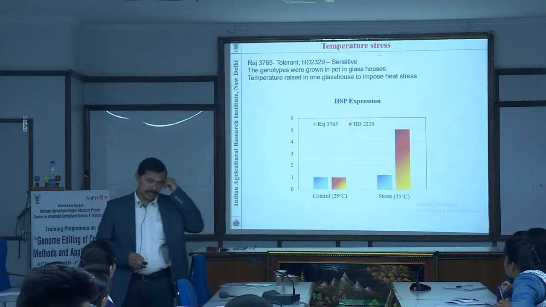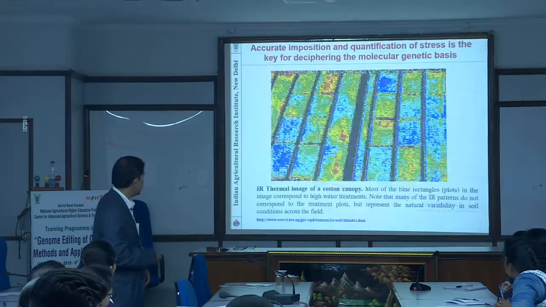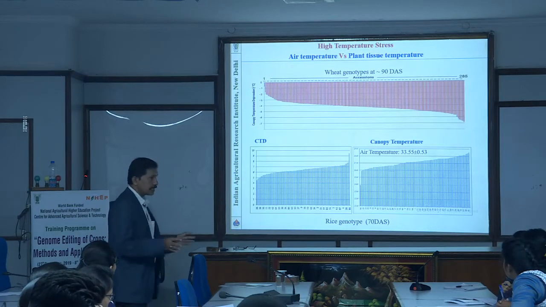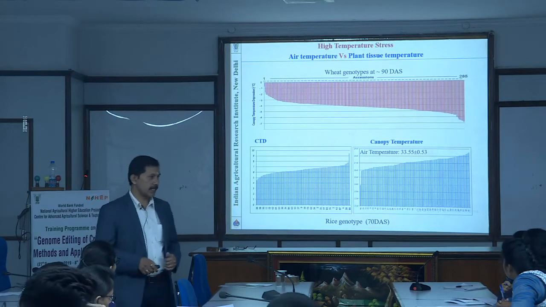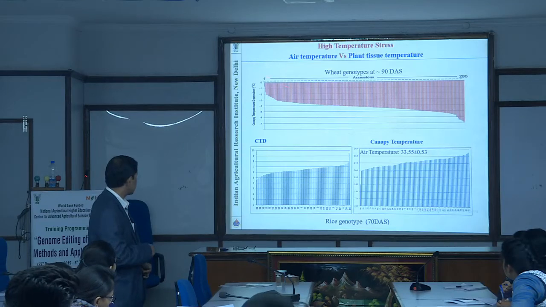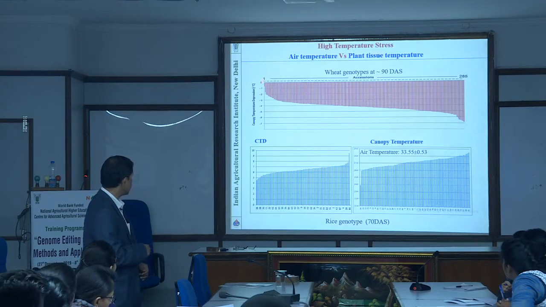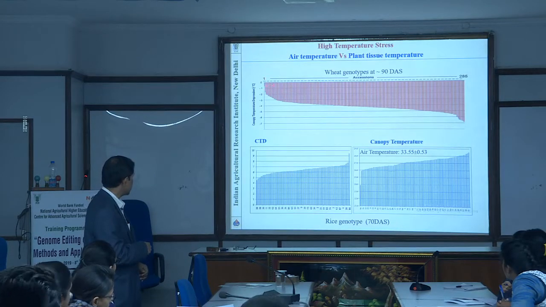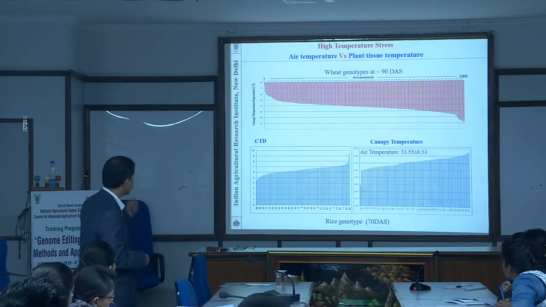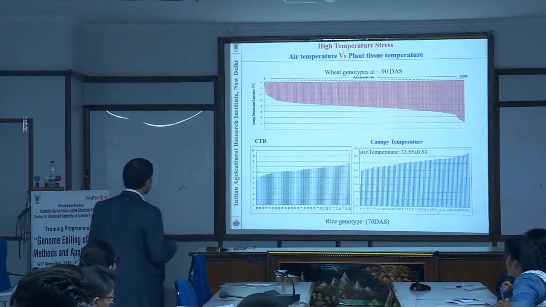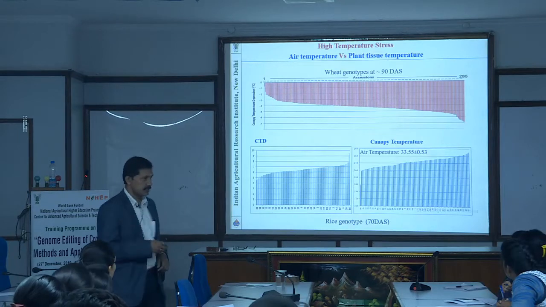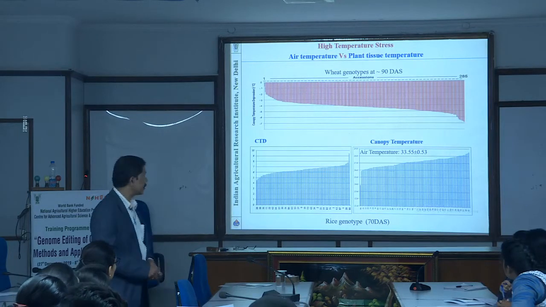When you subject these plants to high temperature stress, we assume that the plant experienced high temperature stress. But this is the genotypic variation. When you subject plants to, say for example, some X temperature, some plants will have a temperature near the ambient temperature, and some plants will have a temperature which is very low compared to the ambient temperature.